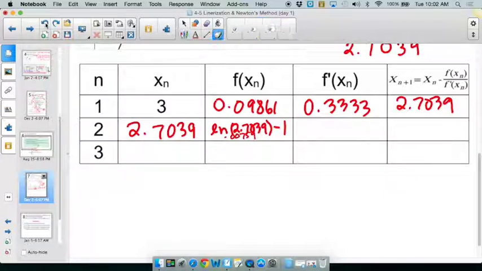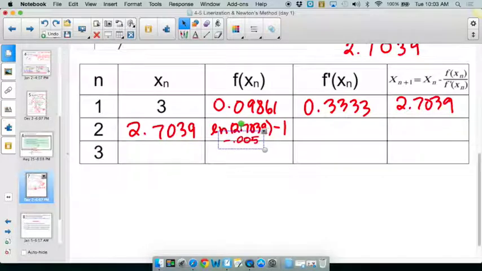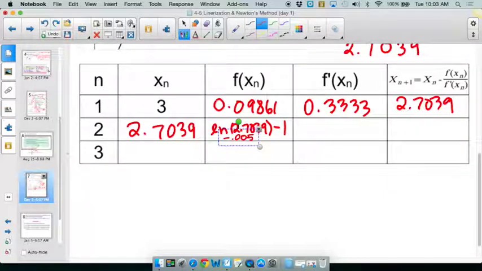Negative 0.005? Okay, that actually makes a little more sense. Negative 0.0053. Okay. Should make these boxes bigger. There you go.